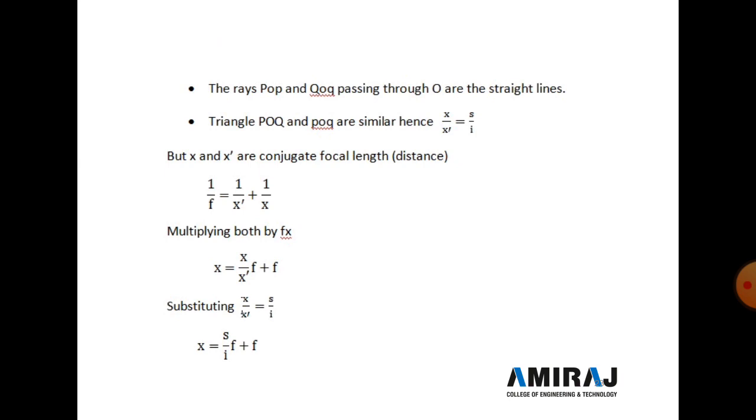The rays passing through P and Q pass through O as straight lines, and triangle POQ and small triangle pOq are similar, hence x divided by x dash is equal to S upon I.